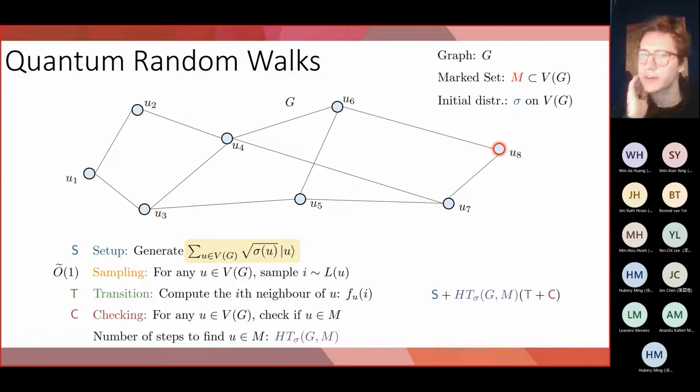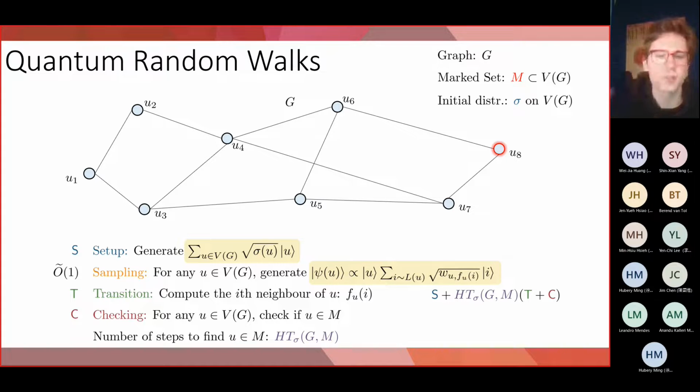So similarly, instead of sampling a neighbor from a list of neighbors of a vertex, we'll do the same kind of thing. We'll create a superposition over possible neighboring edges. And here this W is a weight function, because sometimes you want a nice uniform superposition over neighbors, but sometimes you might know that a certain edge is probably a better choice than another one.